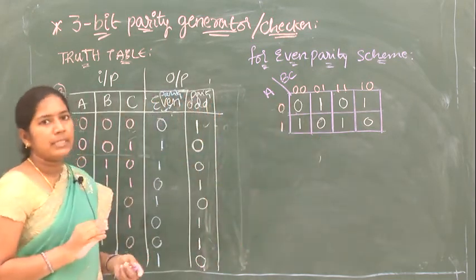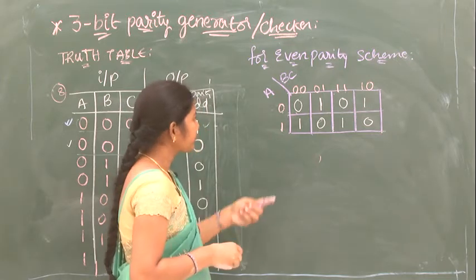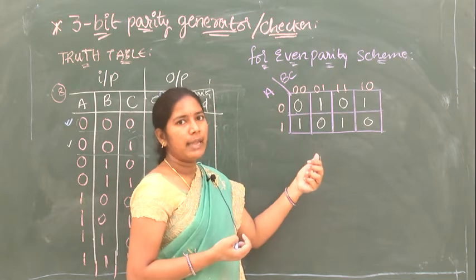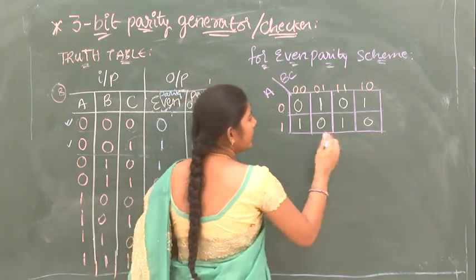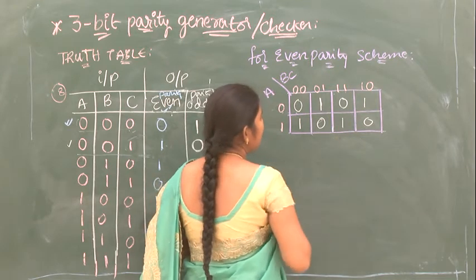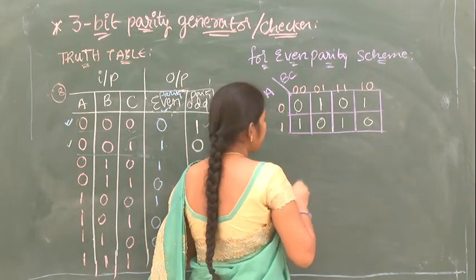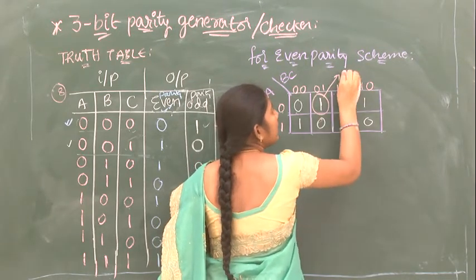Once the representation is over in the K-map, check for grouping. If ones are adjacent together, then we can make a grouping. As all are individual, there is no possibility of grouping here. So I will consider these individual terms.